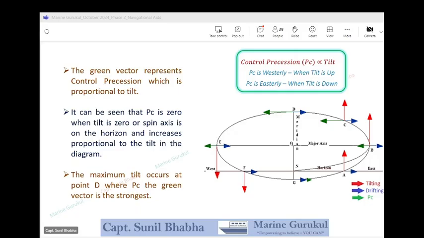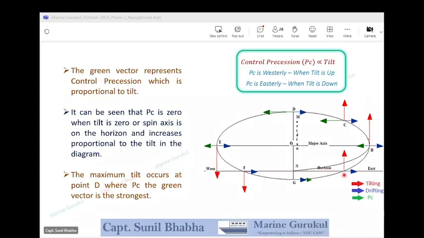Okay, now moving on to the third vector in the diagram, the control precession vector, the green vector. We know that this green vector, the control precession, is proportional to tilt. Second, when the tilt is upwards, the control precession acts westwards, and when the tilt is down, the control precession acts eastwards.